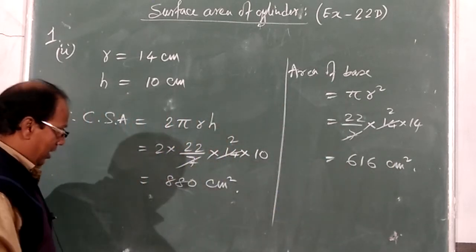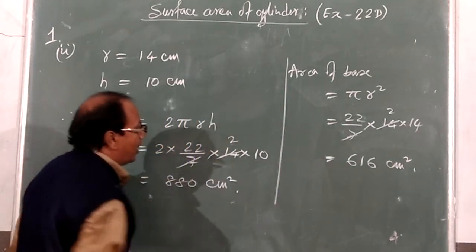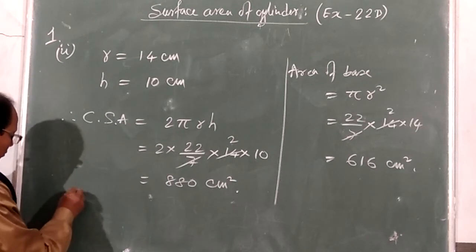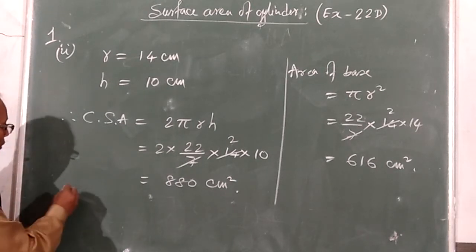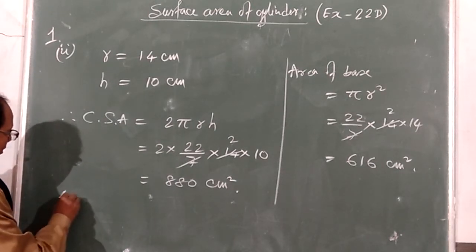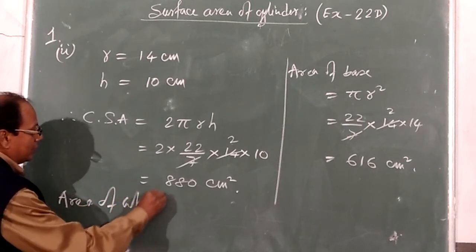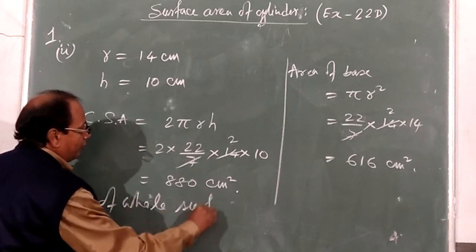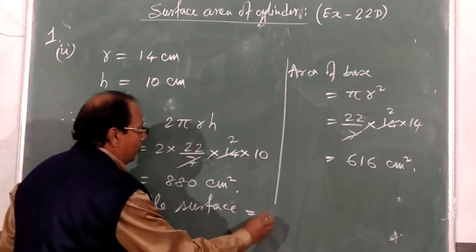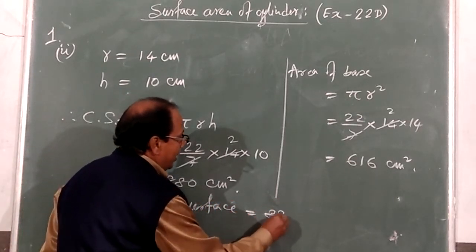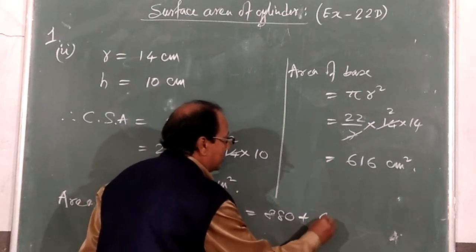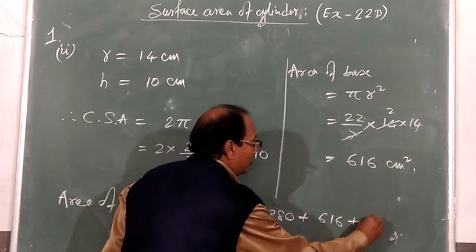Okay. Now we will go for the third part. Third part is here, whole surface. Area of whole surface equals 880 plus 616 plus 616.